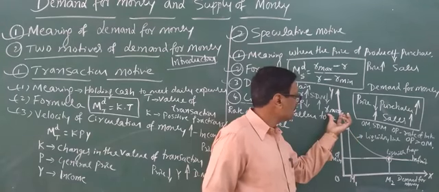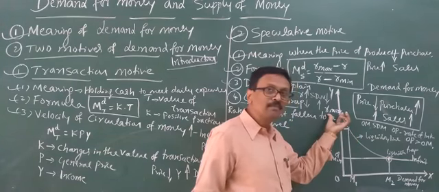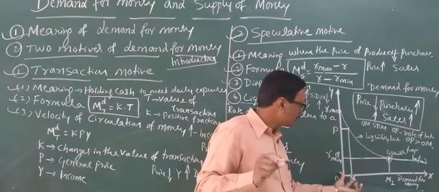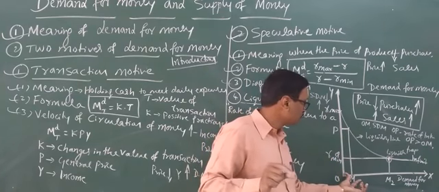When the rate of interest is maximum, the speculative demand for money is OM1, as shown in the diagram.